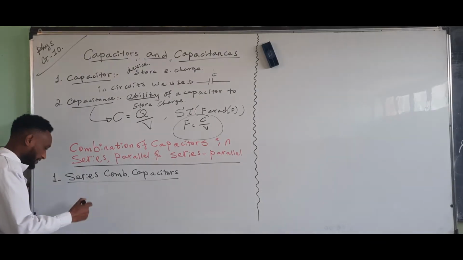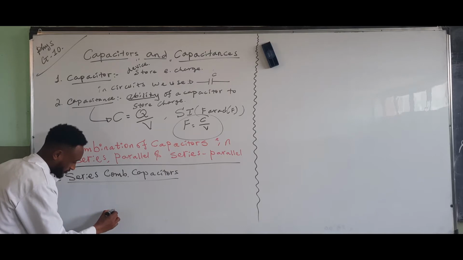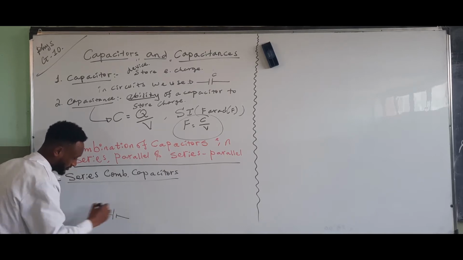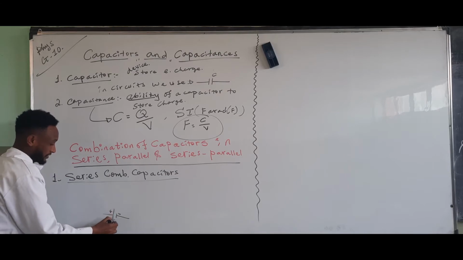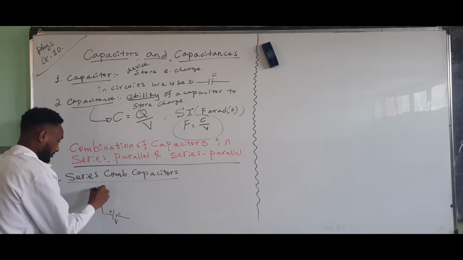Assume that this is a potential or an electromotive force, like that positive, negative. Then we have a circuit which looks like this one.